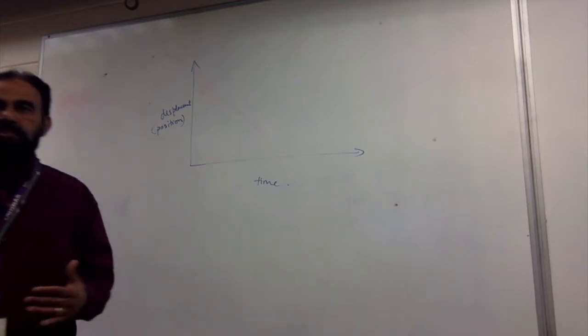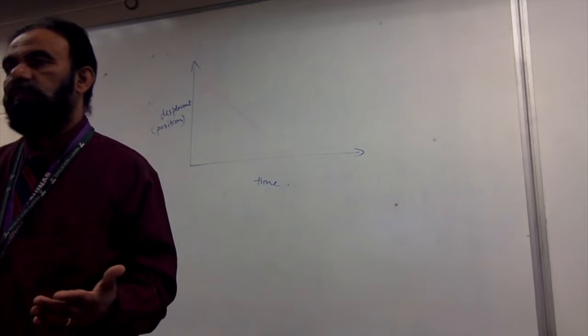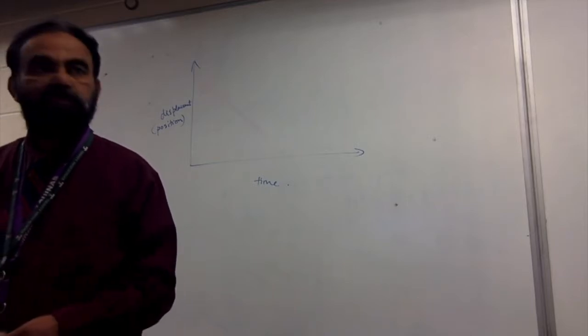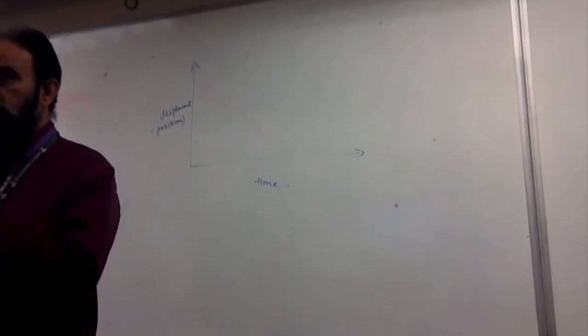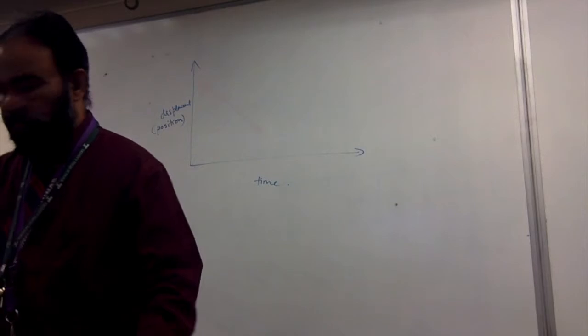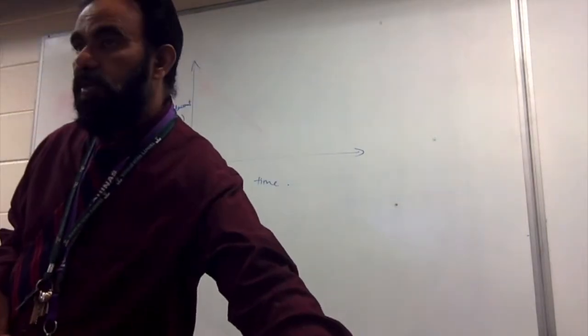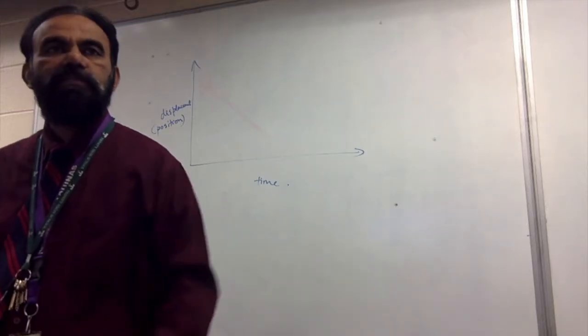When you're saying position, you're saying the position with respect to some spot. If I'm standing here, that is the origin, the zero position. And if I say here is the other position, 1 meter away, in other words, it's a displacement of 1 meter.